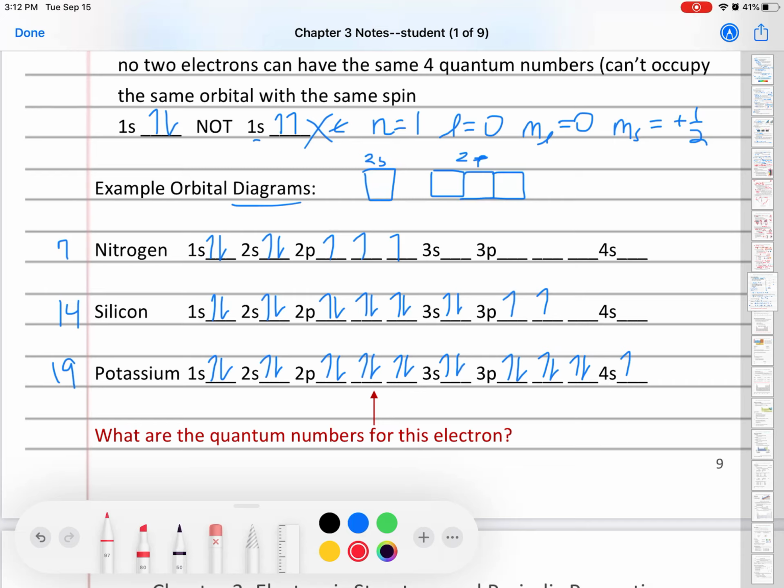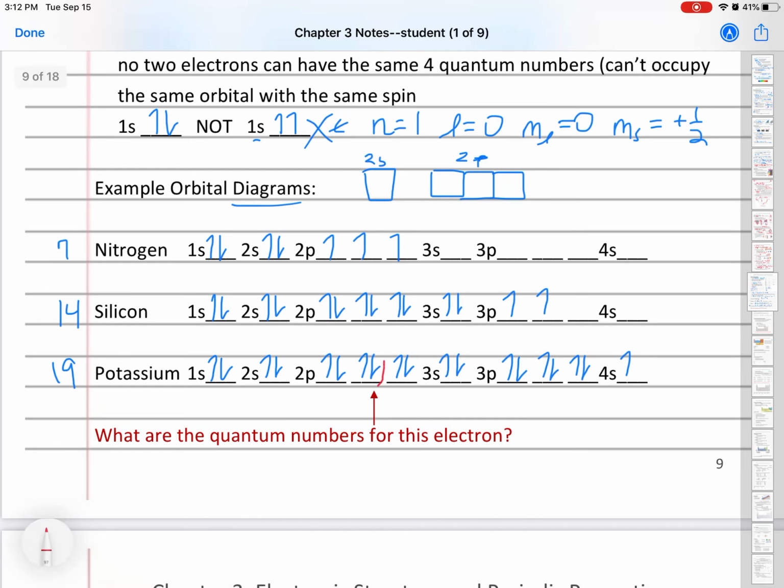Okay. Little pop quiz question for you here. This orbital diagram is showing all of the electrons in a potassium atom. But remember, quantum numbers are for describing the address of a single electron. So here's an electron that I'm pointing to, and I want to know what are the quantum numbers. What's its address? Well, it's in the second energy level, in the p sublevel. So that means it has an n of 2 and an l of 1.